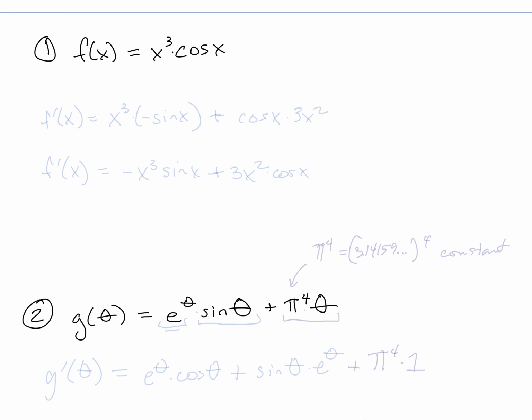And so the derivative, f prime of x, is equal to the first function times the derivative of the second, that's negative sine of x, is the derivative of cosine of x, plus the second function, that's cosine of x, times the derivative of the first, the derivative of x cubed is 3x squared, and so we would probably want to simplify that and rewrite it a little more nicely. That's negative x cubed sine of x plus 3x squared cosine of x.